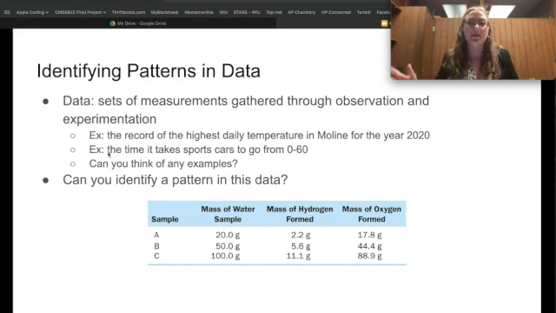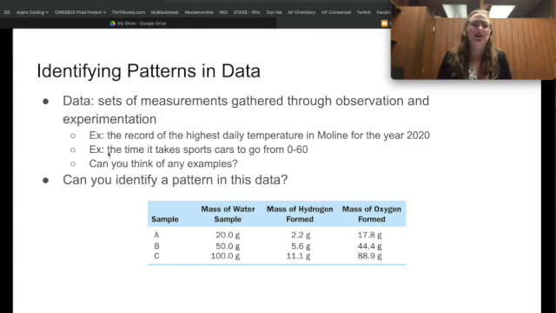So you could pause the video, think about what are sets of data that you interact with in your daily life. I check the weather all the time. That's my main set of data I interact with. But I know that when I conduct experiments, I'm going to end up repeating them and coming up with lots of different sets of data. So I probably interact with that a lot too.